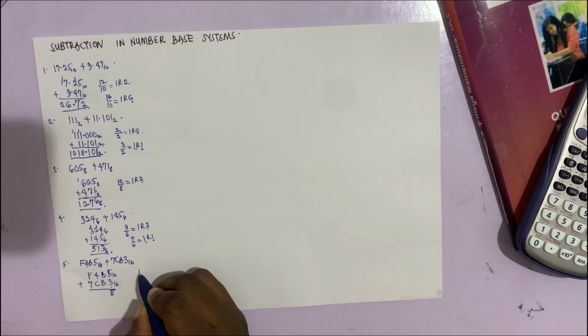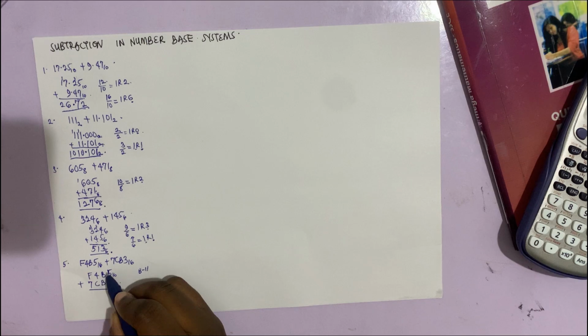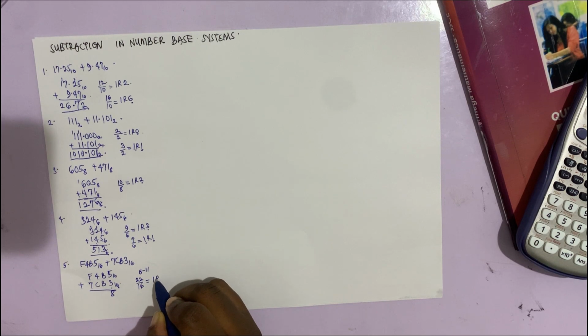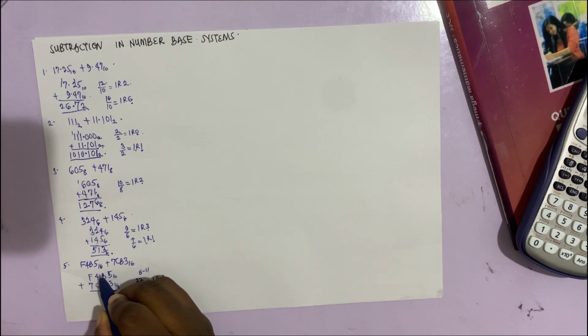B in base 16 is 11. So B plus B is 11 plus 11, and that's 22. 22 is greater than 16, so we say 22 divided by 16, and that will give us 1 remainder 6. So we record 6, carry the 1.